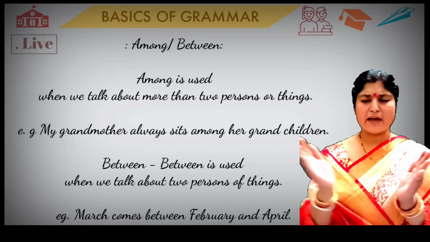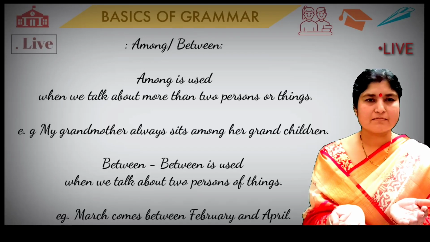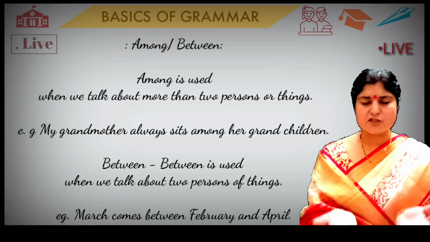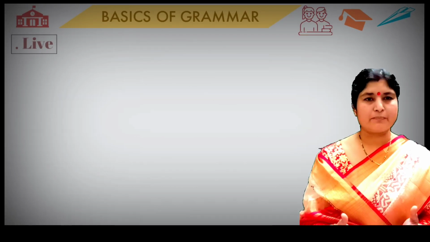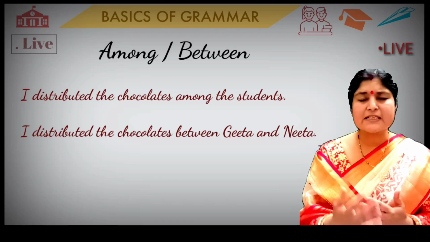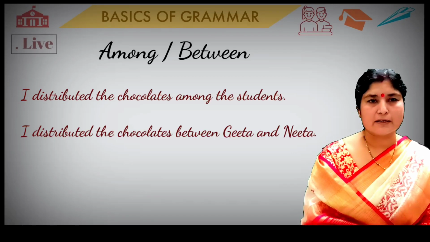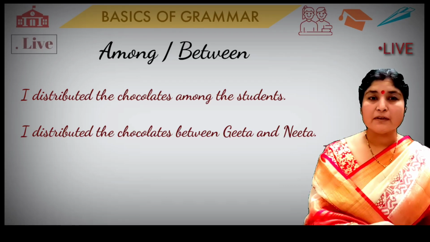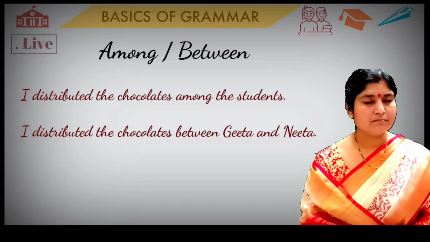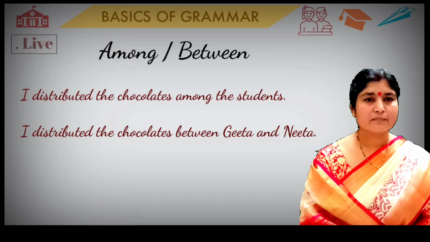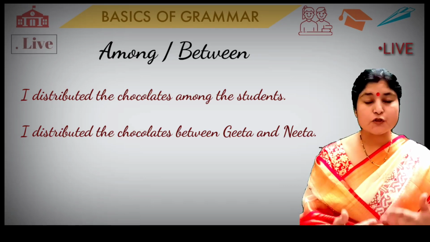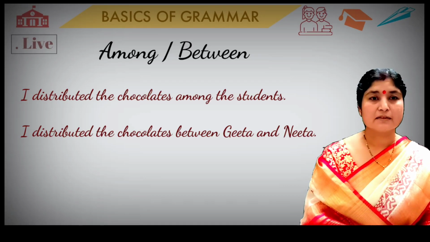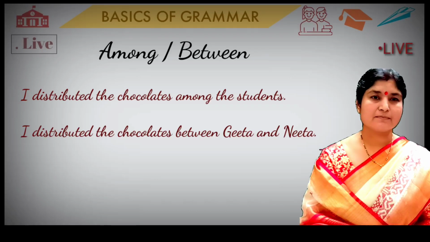For example, I have too many chocolates, or I brought many chocolates. So I will say distribute the chocolates between Geeta and Nita, but I can say distribute the chocolates among the students.